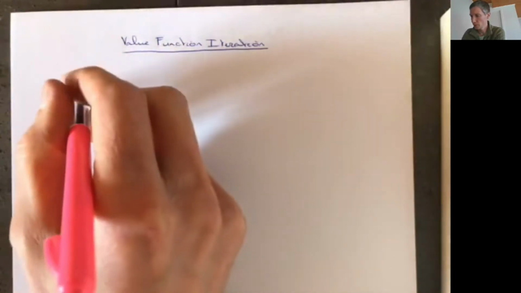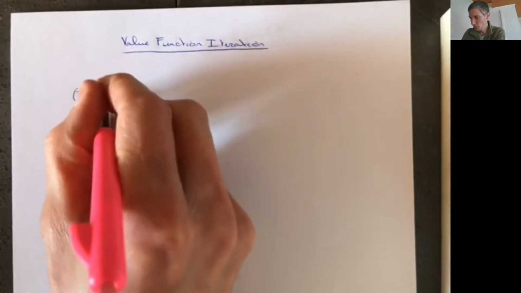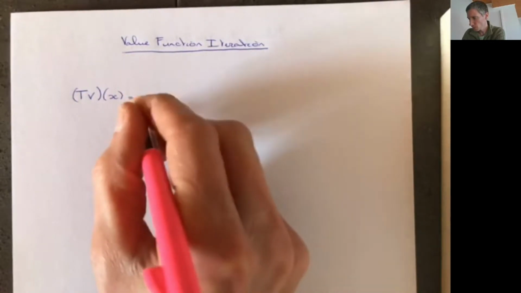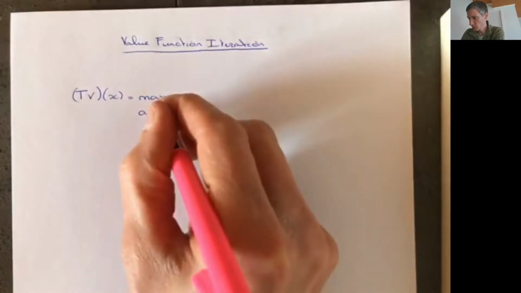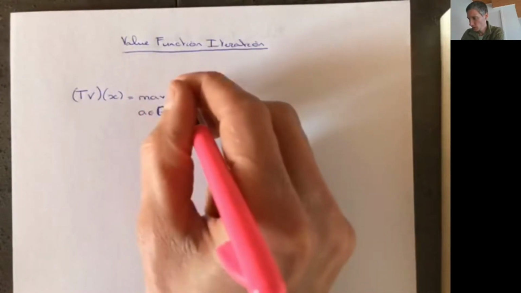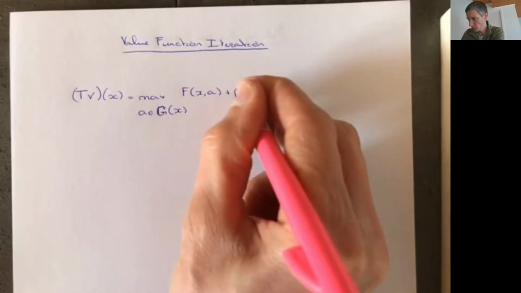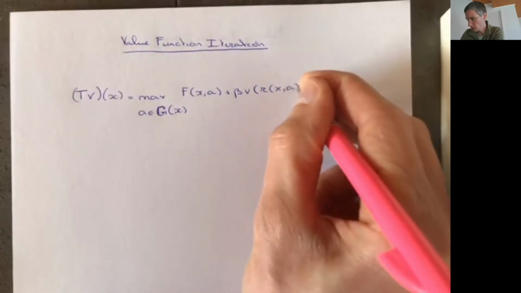If we have a Bellman operator, it can be written like this: TV of the state x is the maximum over actions a in some correspondence g of x of the instantaneous utility function f(x,a) plus beta V of r(x,a).